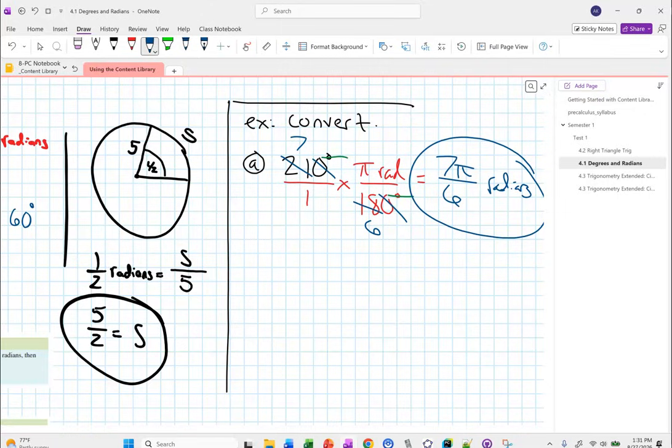Now, typically, for a problem going from degrees to radians, we'll want to report our answer as a fraction with pi in it. That's pretty standard. On occasion, maybe you prefer decimal here, but almost always I'll ask for our answer as a fraction in terms of pi on this kind of problem.